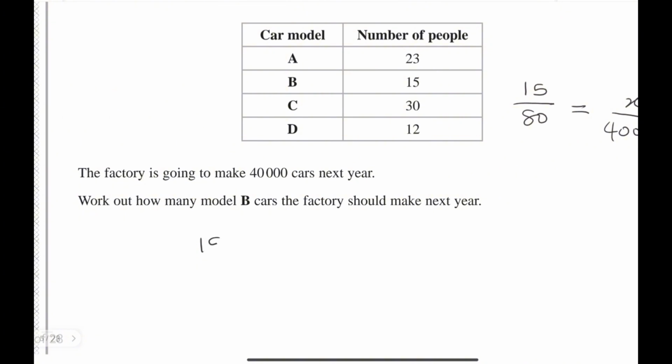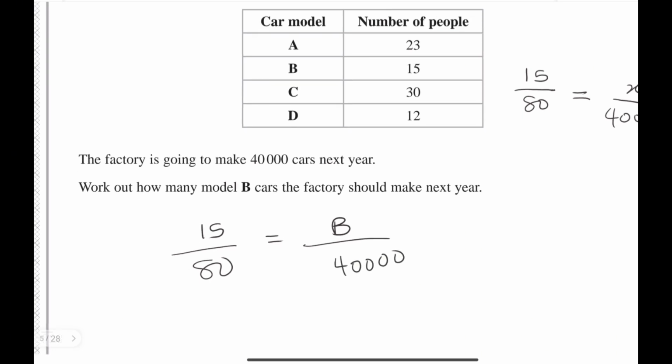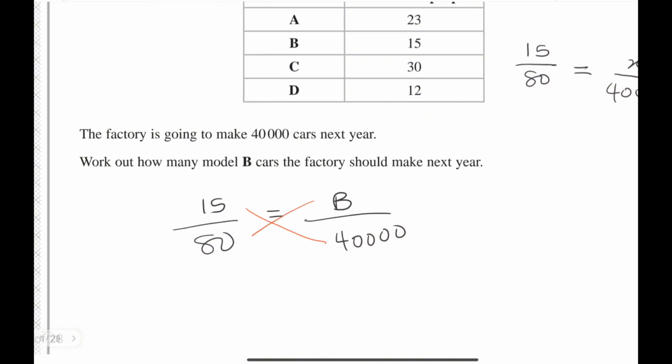So I said 15 over 80 is equivalent to, let me just use b, since that is what we are looking for, over 40,000. Now if you cross multiply, b will multiply 80 and 15 will multiply 40,000. So that becomes 15 times 40,000 equals b times 80.